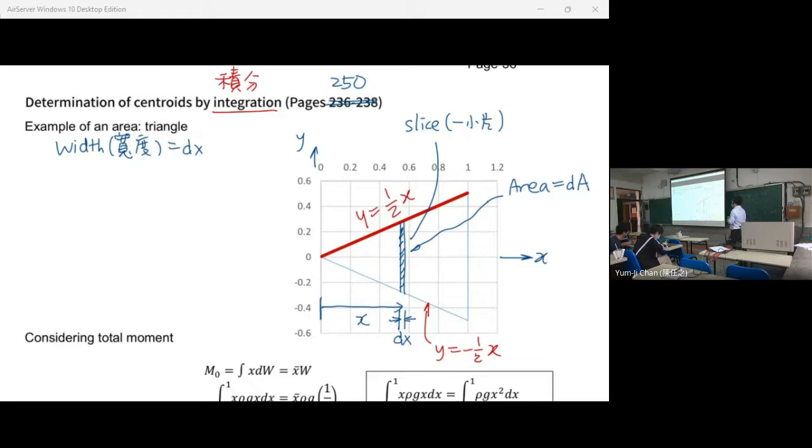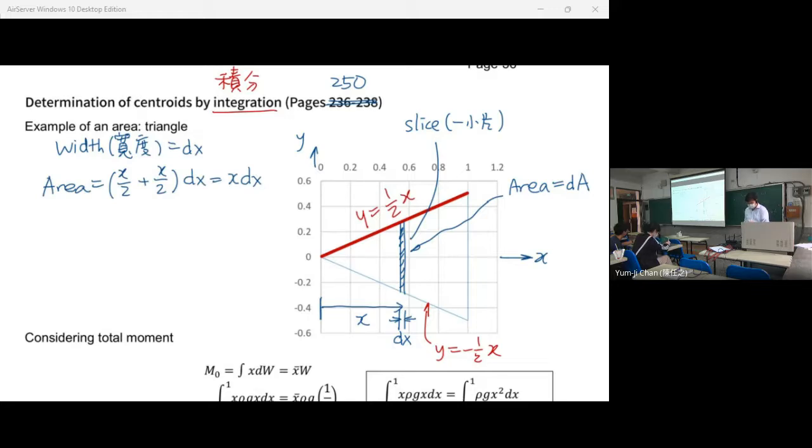And so the area is equal to half of x plus half of x times dx, which is equal to x dx, right?